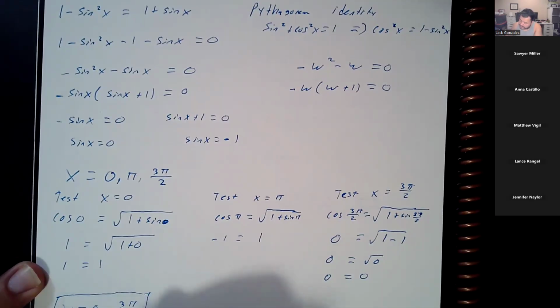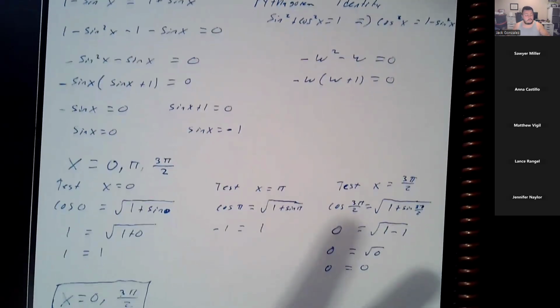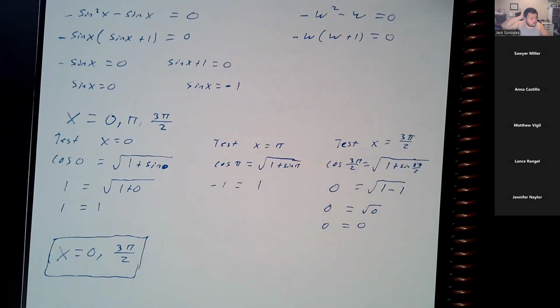Anytime you square both sides, you should check. Sine of 3 pi over 2 is negative 1 on the circle.